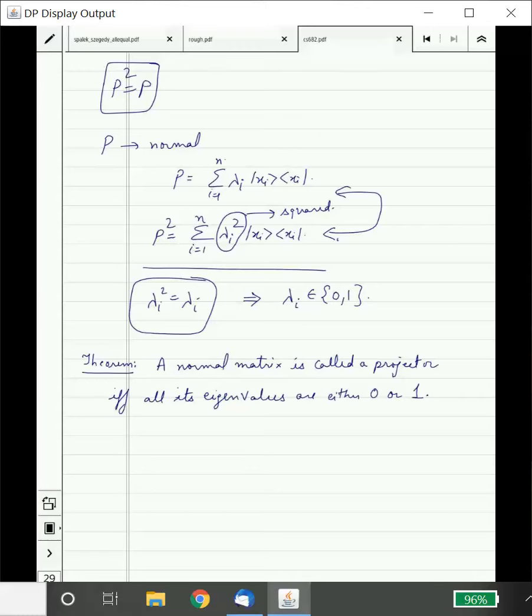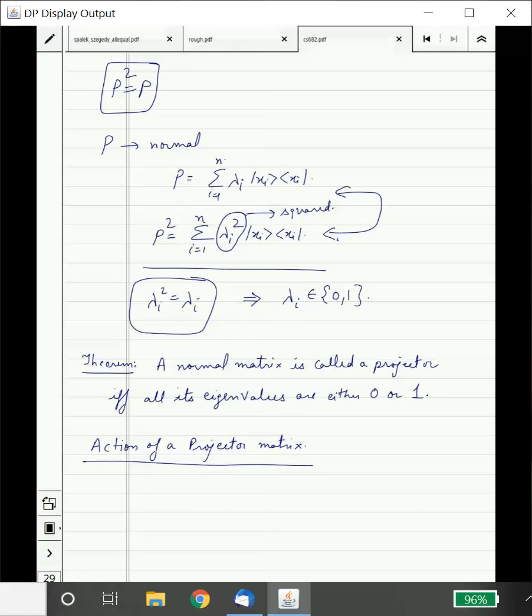But what is the use? Why are we interested in these projector matrices? That will be clear once we see the action of a projector matrix. Let's look at the action of a projector matrix, and you will see that it's a very specific kind of action that allows us to use it as a measurement in the quantum mechanics scenario.